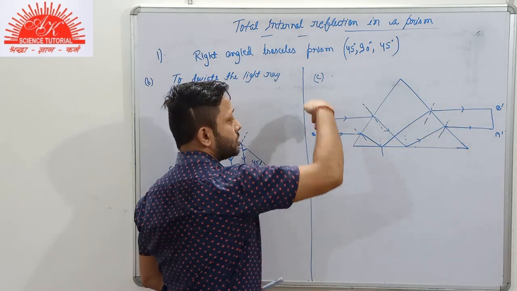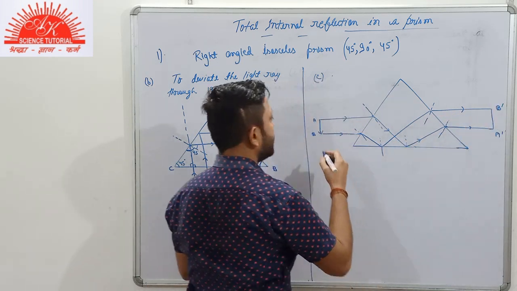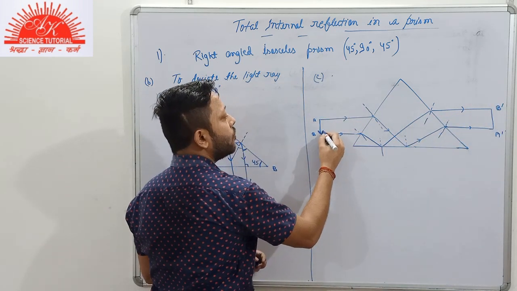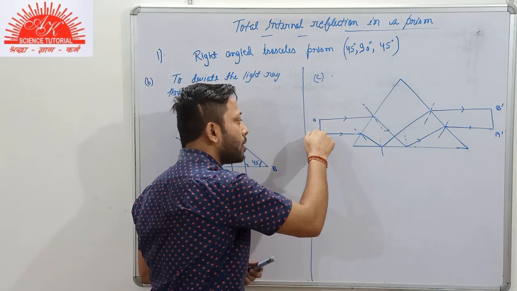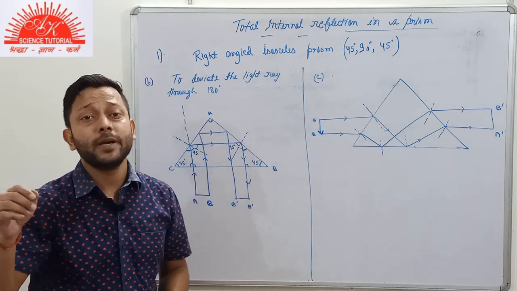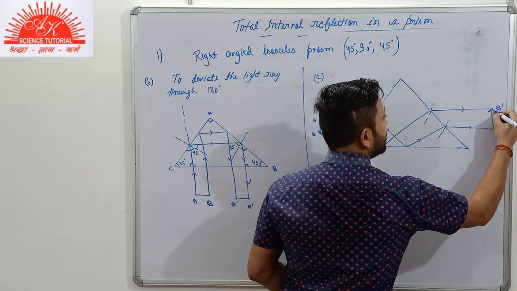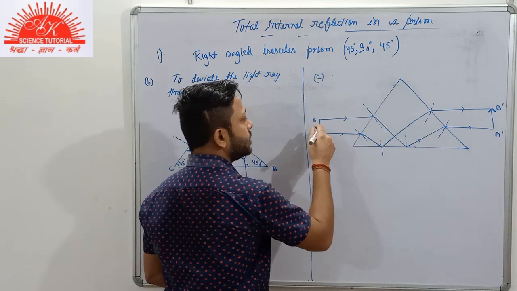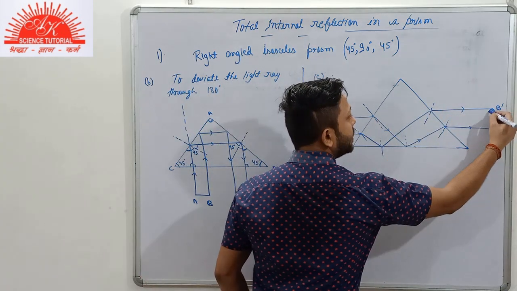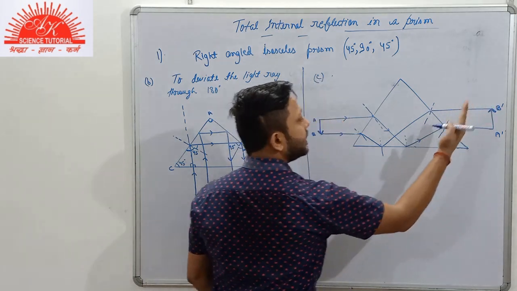So this image was inverted and this image is erect. Now you can mark the arrow here. Wherever you are marking the arrow in the downward direction, it means that the image is inverted, and here the image is erect. So you will mark the arrows here so that it is clear that here it was inverted and here it is erect.